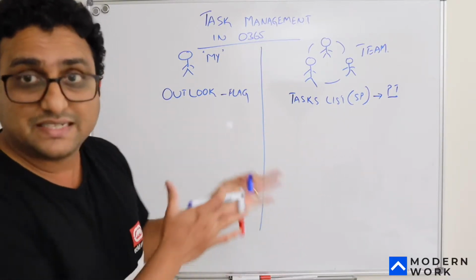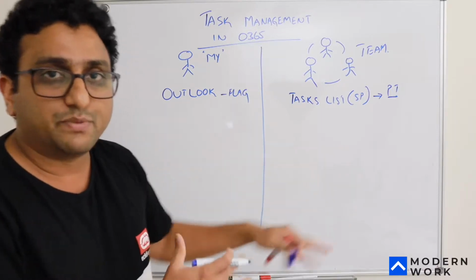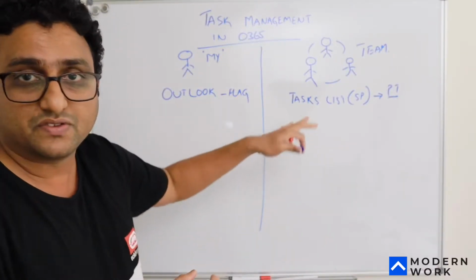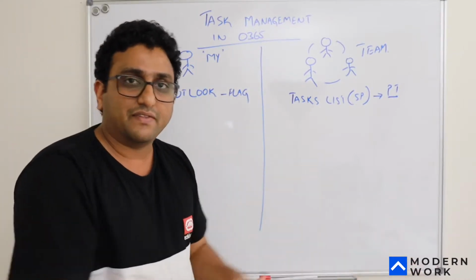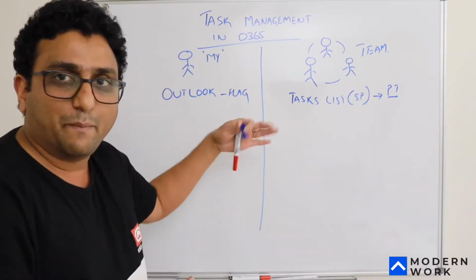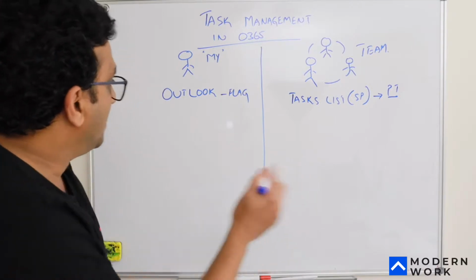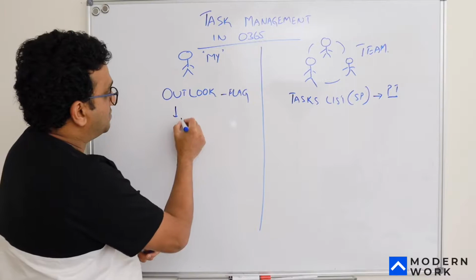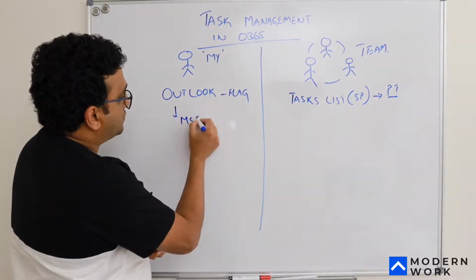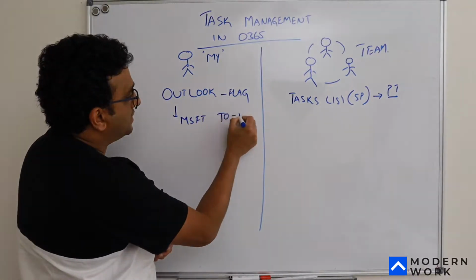But now, with the new Office 365, with the modern experience within SharePoint and Office 365, and also with the new apps that have launched in recent times, we have a better way of doing task management. So after Outlook tasks, there came something called Microsoft To Do.